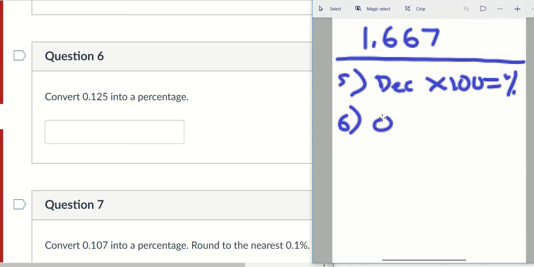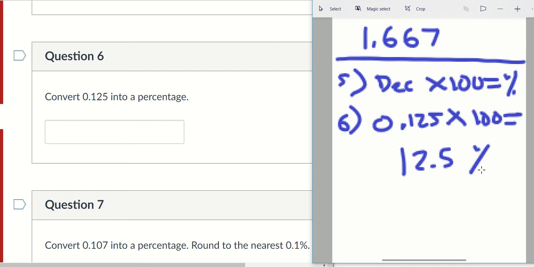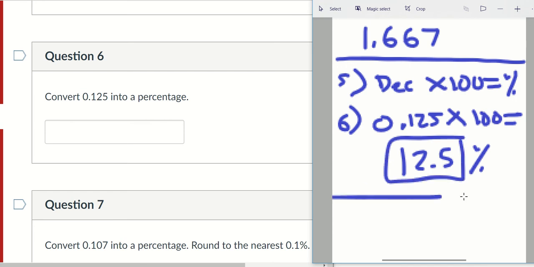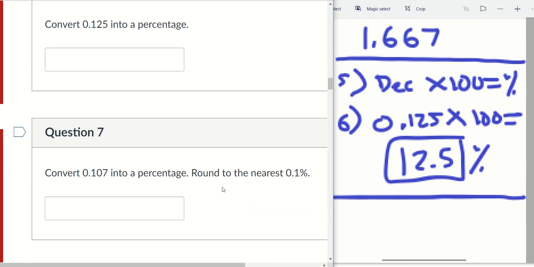So 0.125 times 100. Yeah, so for this course, you just need to punch in 12.5 in your answer box. You don't need the percent symbol. The answer key doesn't like it.